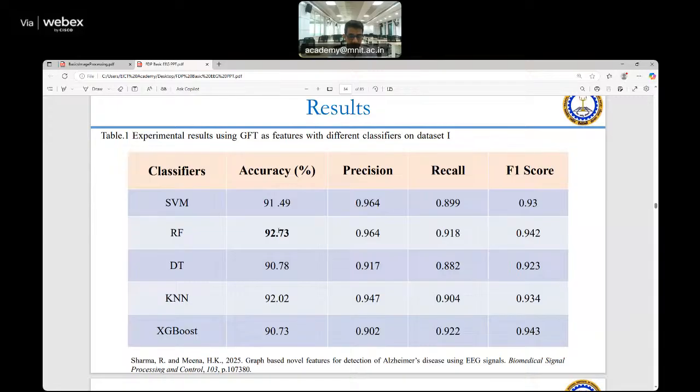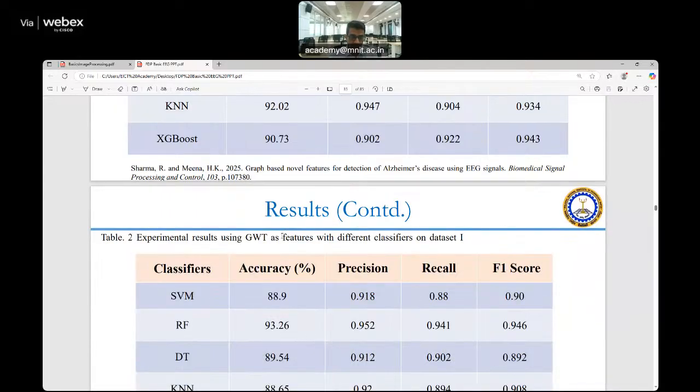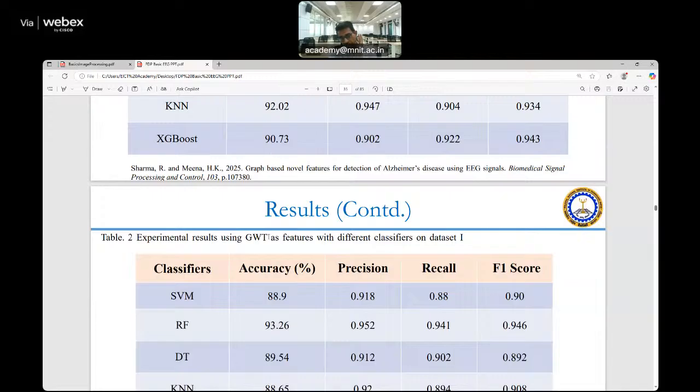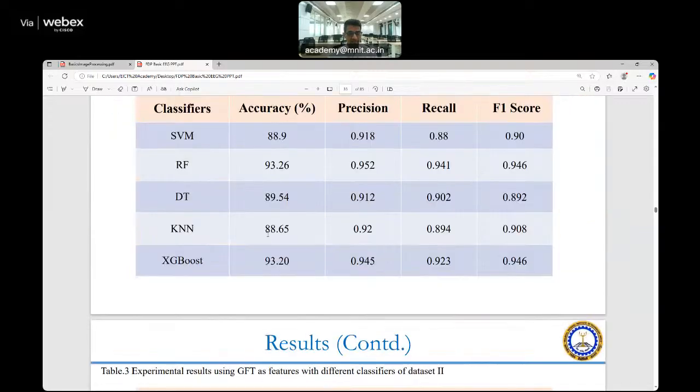Here we say that the maximum accuracy is with the random forest. Here we use GFT as a feature. Here we use GWT in table 2 with different classifiers. Again, we see that random forest is outperforming others.